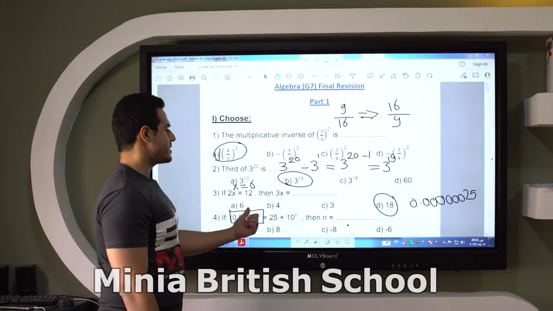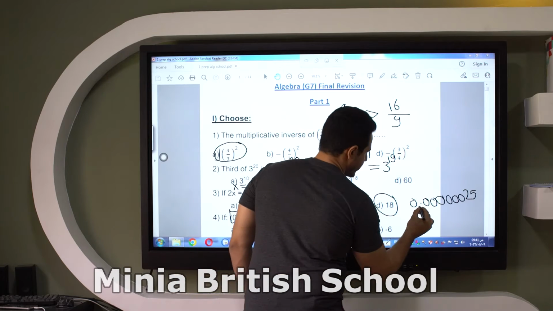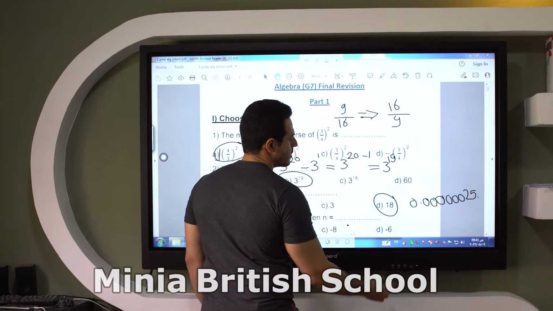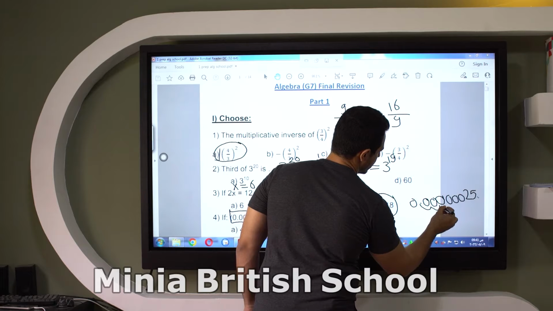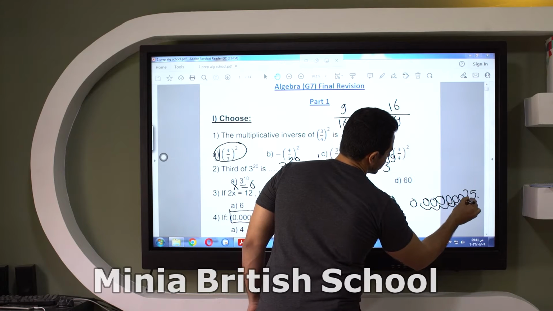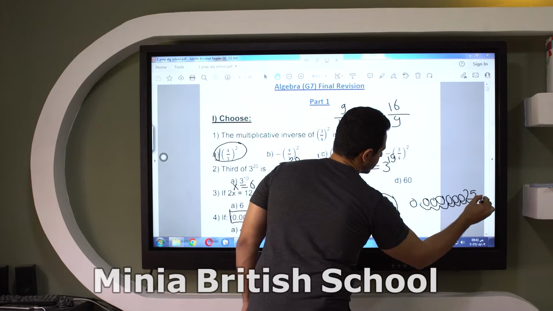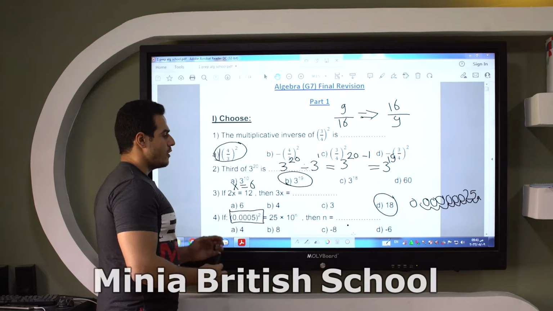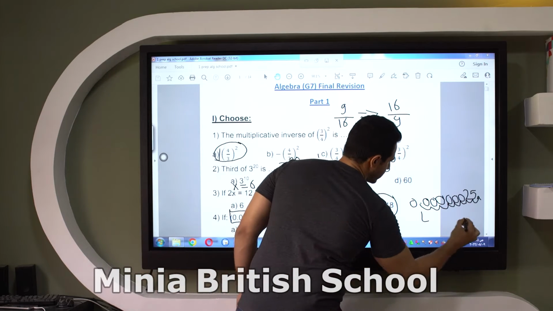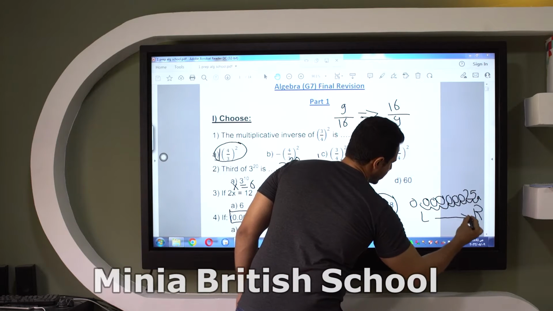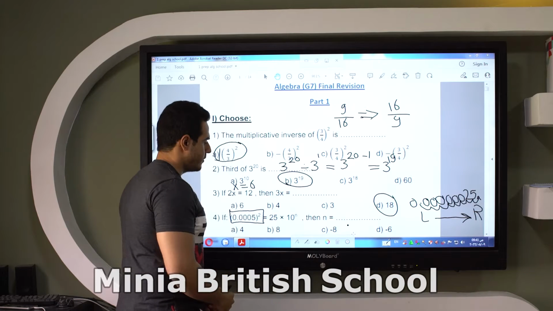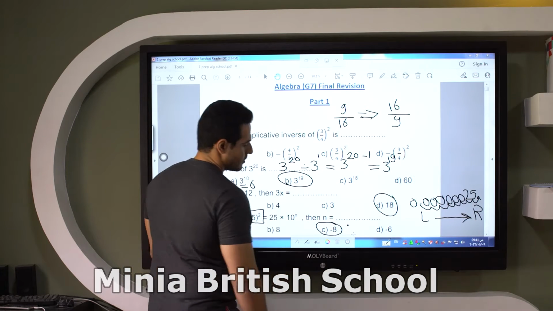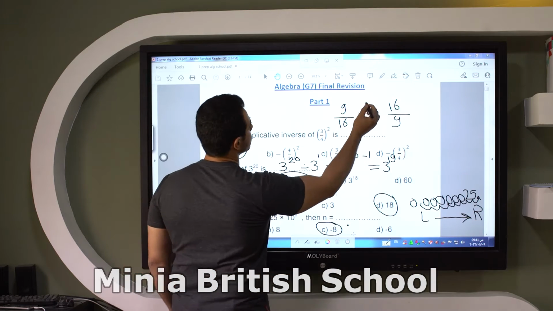So I will move the decimal point from its place to the end. 1, 2, 3, 4, 5, 6, 7, and 8. So n equals 8 or negative 8. When we move from left to right, the power will be negative. So it's negative 8. Okay?